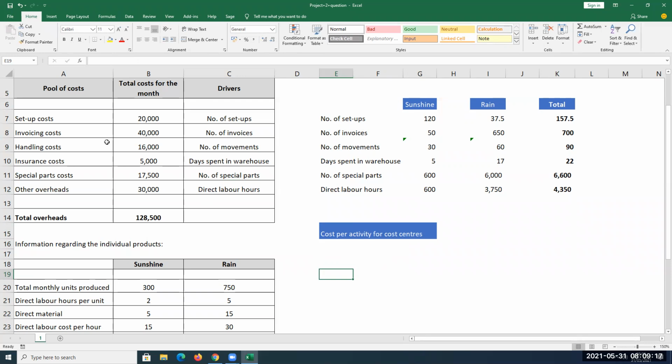So first of all, setup cost. This is the first one. Setup cost.